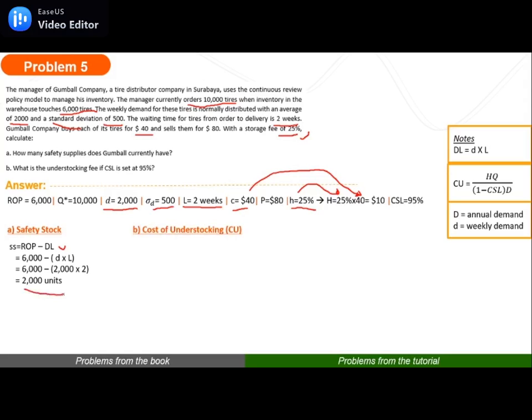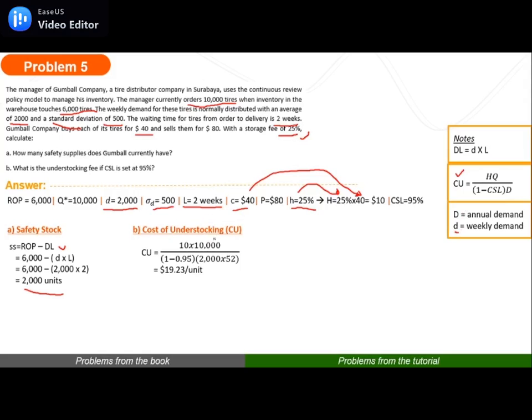And then for question B, that is cost of understocking, the formula is here, HQ divided by 1 minus CSL times D. Please remember that it is the capital D. Capital D means the annual demand, whereas the little d here is the weekly demand.